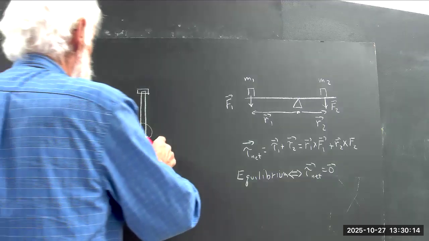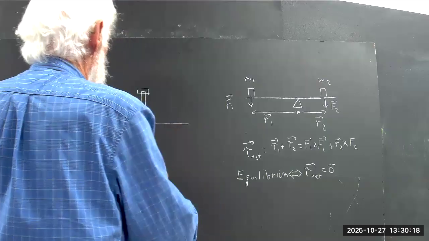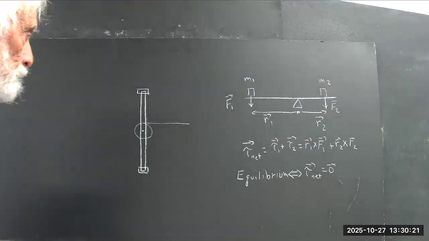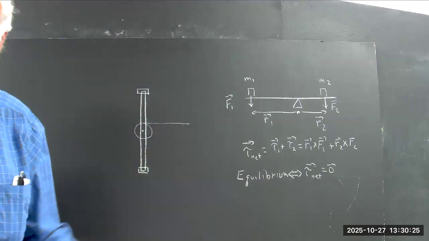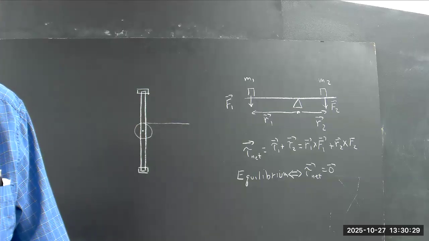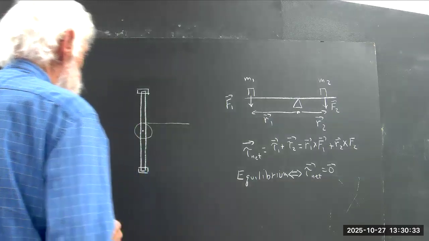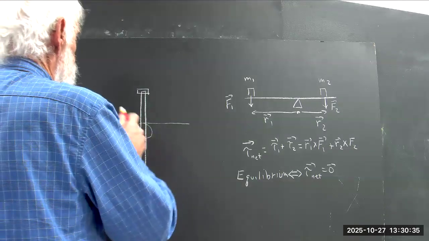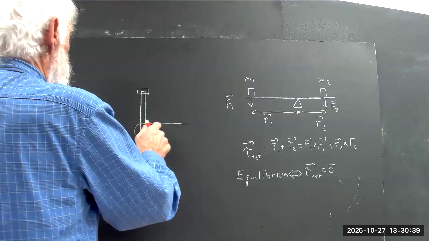And we've got a string extending from this pulley. Now it's over another pulley and then it goes down, it suspends the weight that accelerates the system. Because of the suspended weight, there's a tension.